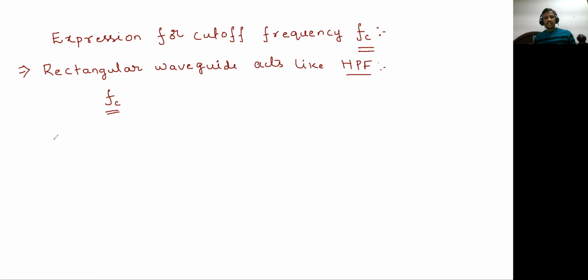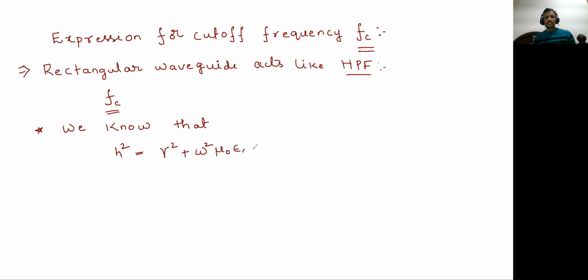Okay, so to find out this particular cutoff frequency expression for rectangular waveguide, we need to use some expressions which we have calculated earlier. We know that the expression for h square which we have calculated earlier is gamma square plus omega square mu naught epsilon naught.